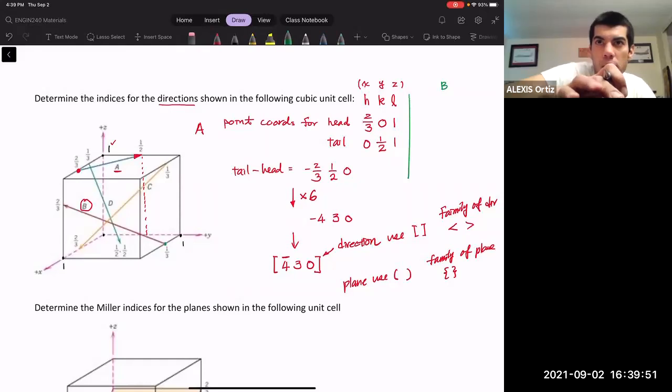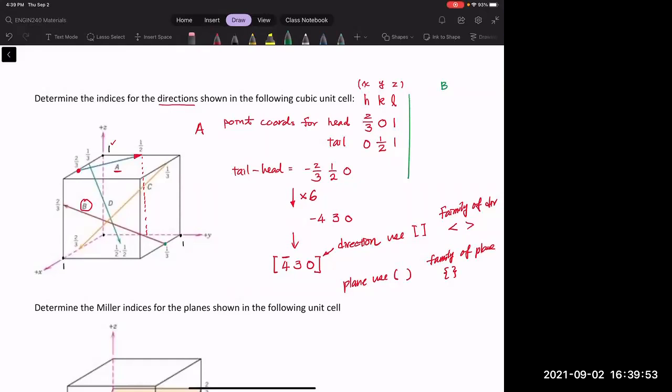X is 1/3, Y is equal to 1, Z is equal to 0. The other point is X equal to 1, Y equal to 0, and Z is 2 divided by 3.